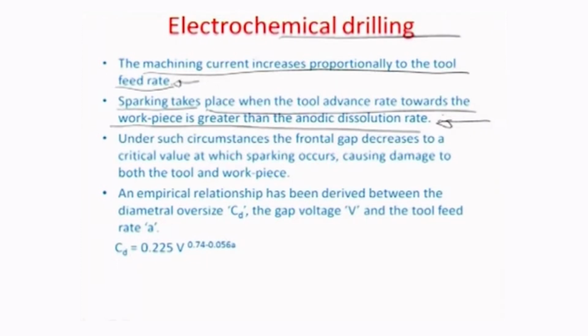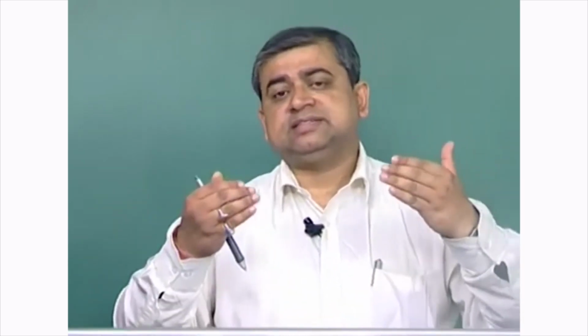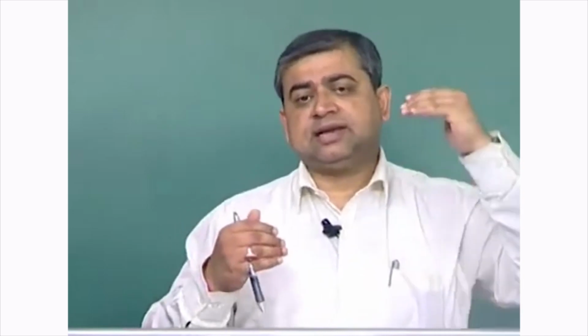You already know from the electrochemical machining theory that if the tool is approaching the workpiece, the surface of the workpiece gets dissolved, so that it recedes away from the tool, and then there is the other aspect of the tool getting fed in. The overall equilibrium happens when the linear rate at which the workpiece surface is dissolving is the same as the feed rate. That is how you calculate.